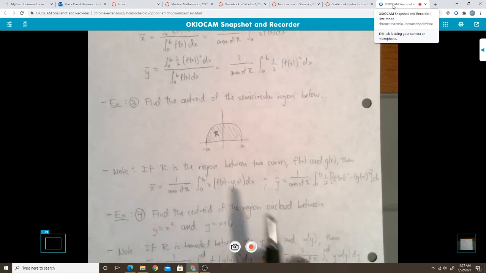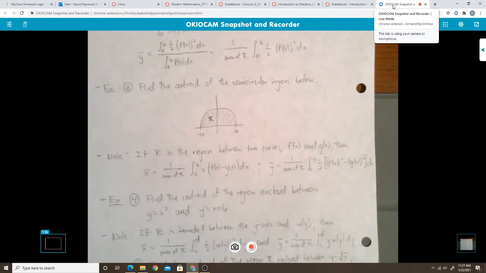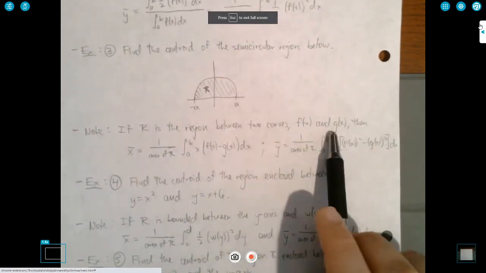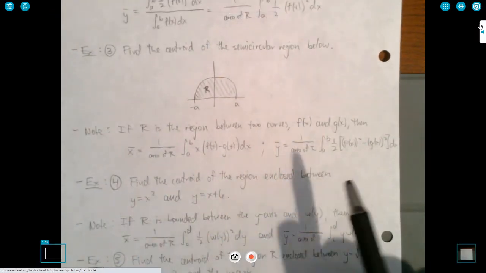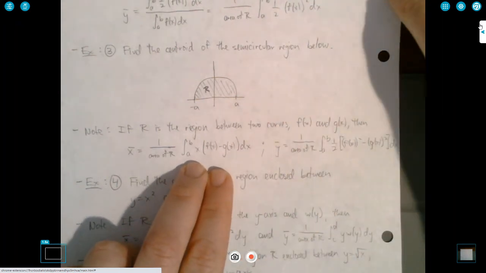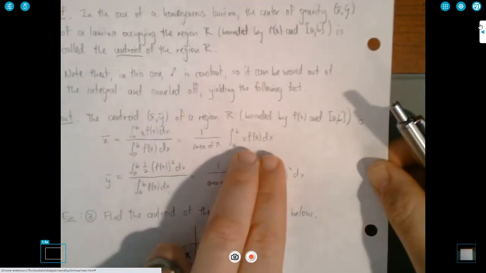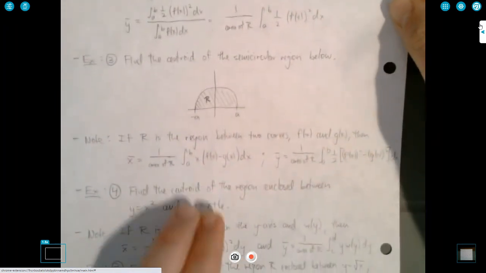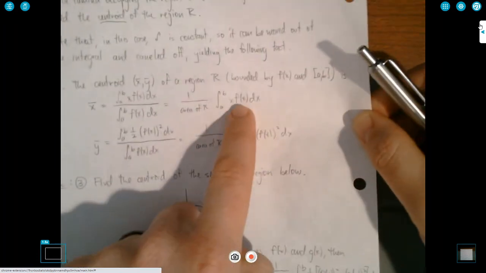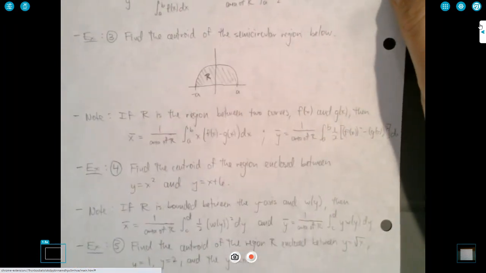If the region R is bounded between two curves, f of x and g of x, then we do a similar calculation. You'll notice that x bar is just like x bar up here, only we have to do f of x minus g of x instead of just f of x.